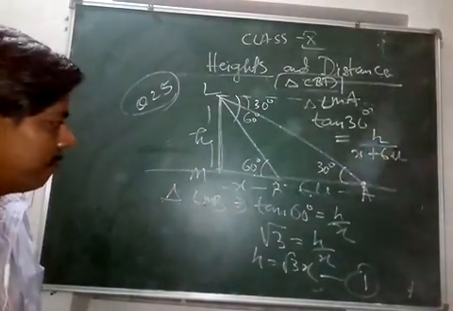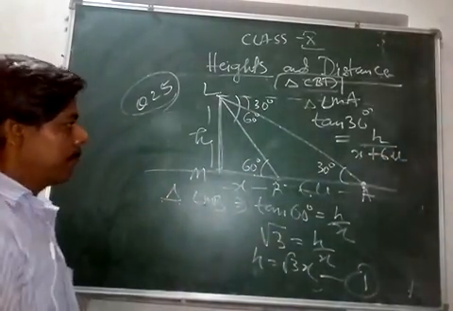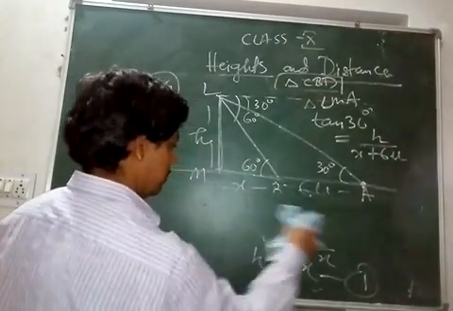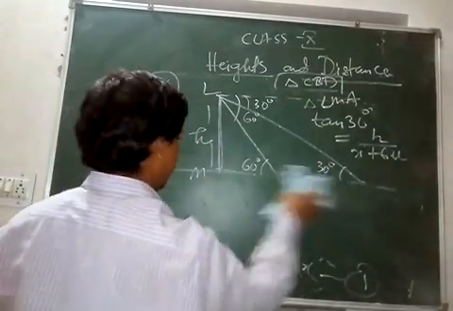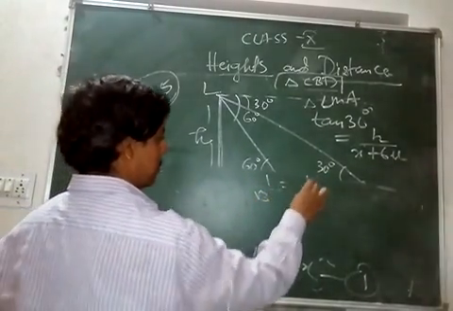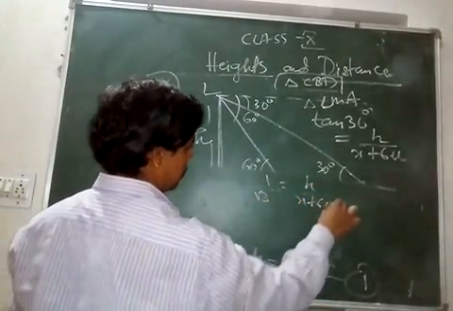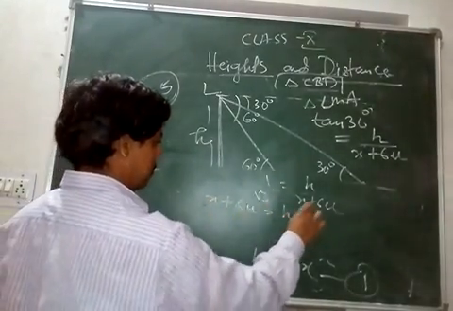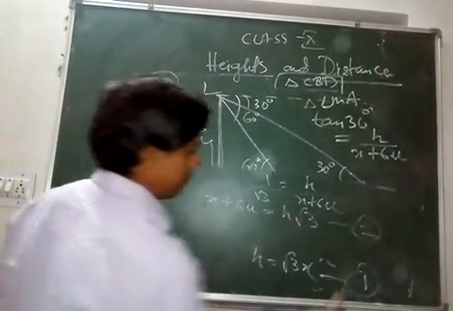Now we'll have to form one more equation from there. So let us form one more equation. Equation number 1 is as this. Let me solve here. So we are getting 1 by root 3 is equal to h upon x plus 6u. Take it that side, x plus 6u is equal to h root 3. This is our equation number 2.